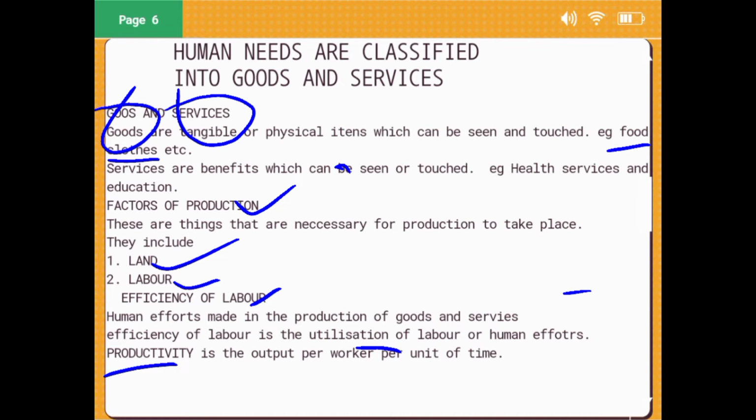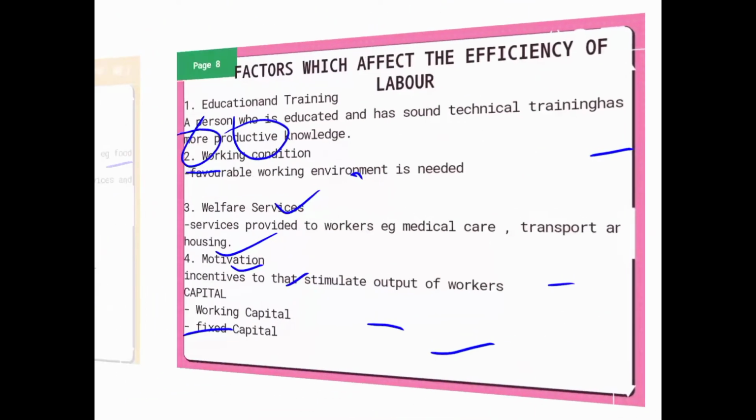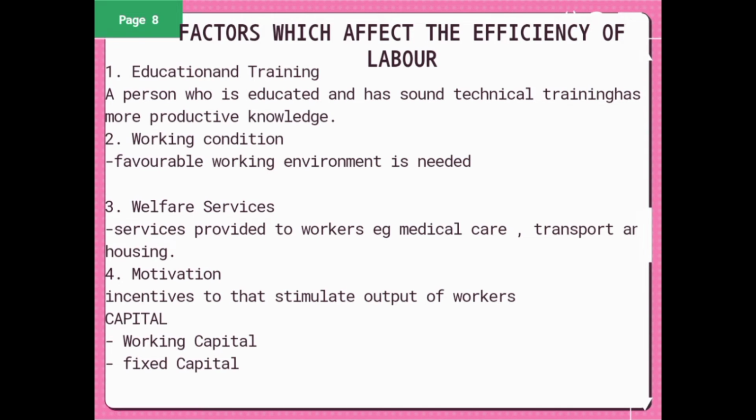What we're talking about here is production. So productivity is the output per worker per unit of time. That is productivity. Now, I want us to talk about the factors which affect the efficiency of labor, the utilization of human efforts. We have some factors which affect that.